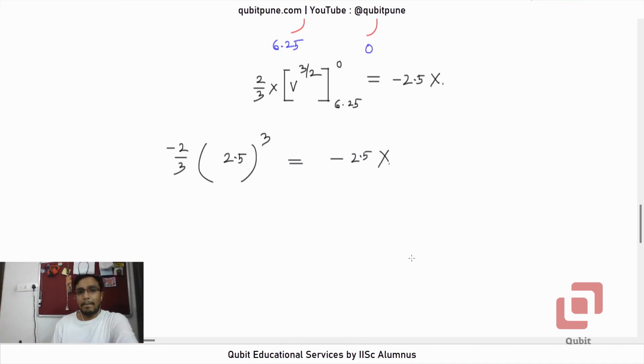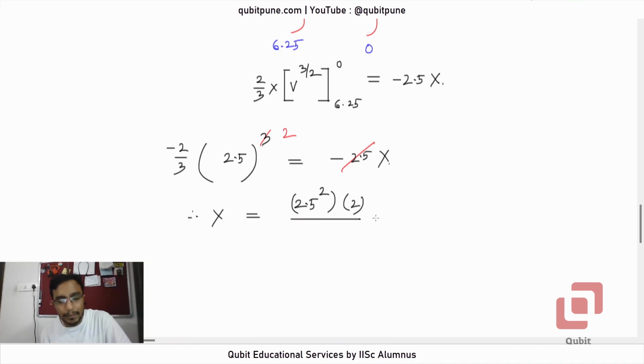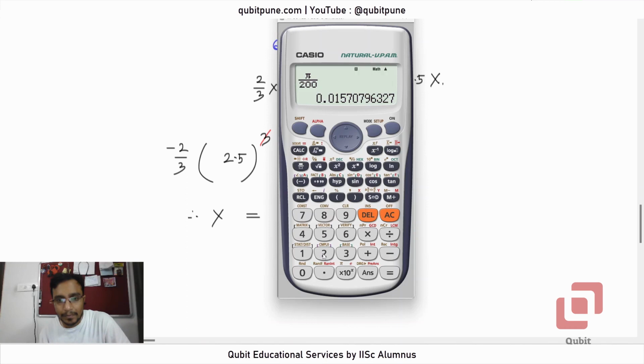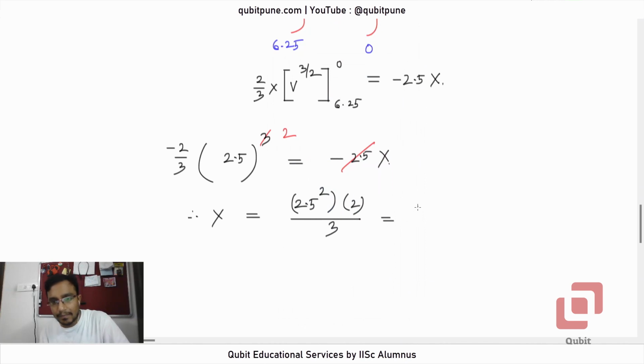Is that clear? 1 upon 2, that's root, right? So this will make it square after cancelling this. So how much will x be? x will be 2.5 squared into 2 upon 3. You can calculate it: 25 by 6.